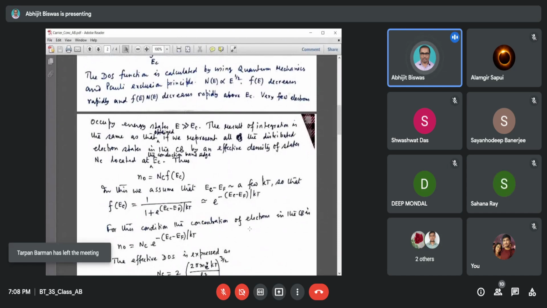So what did we assume? In the conduction band, there will be different electronic states distributed all over the energy range starting from EC to infinity. But we are assuming that all the distributed electron states in the conduction band are represented by an effective density of states NC located at EC.